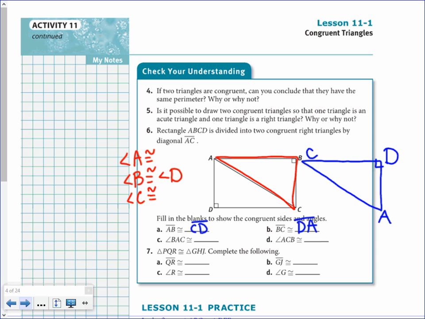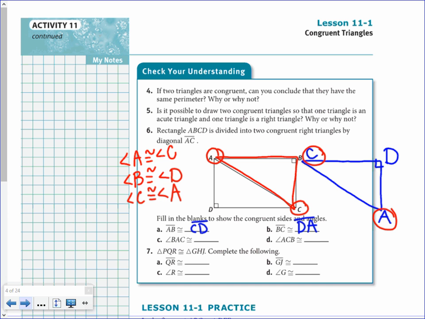Now, what's interesting, when you rotate it, angle A and angle C are going to actually end up being congruent, and then angle C and angle A are going to be congruent. So angle A is not congruent to angle A, and angle C is not congruent to angle C.